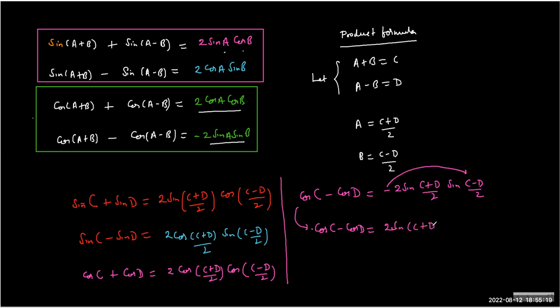They don't put the sign outside, rather they take it inside and alter the position. That's why this formula is very difficult to remember: cos C minus cos D is 2 sine C plus D by 2 into sine D minus C by 2.